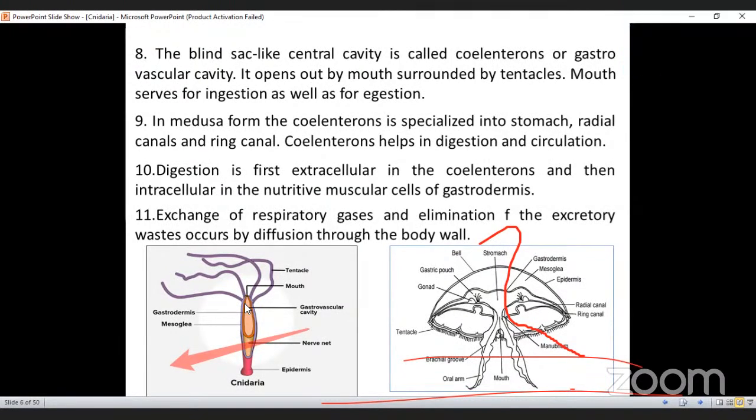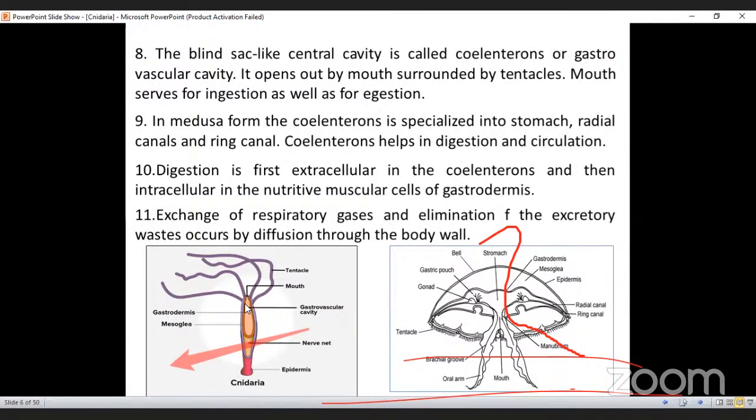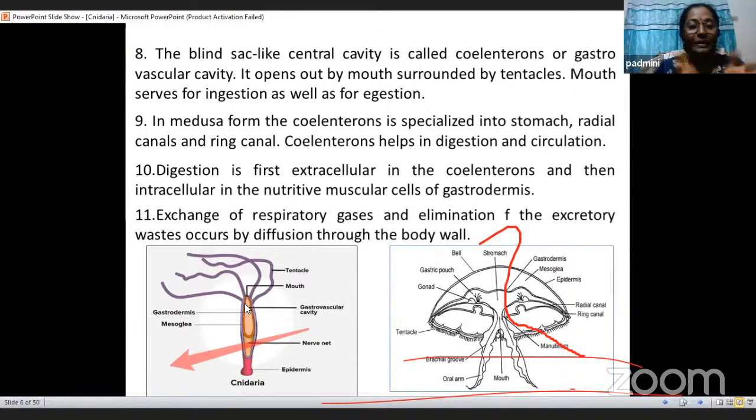The osculum is for excreta only; the ostia is where water comes inside. But here, the mouth works as both ingestion and ejection of unwanted waste materials.